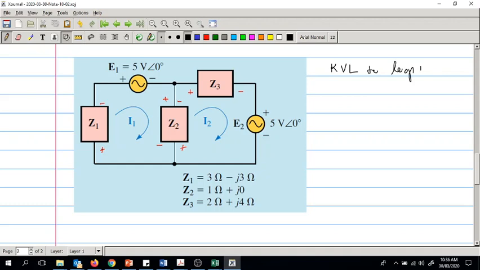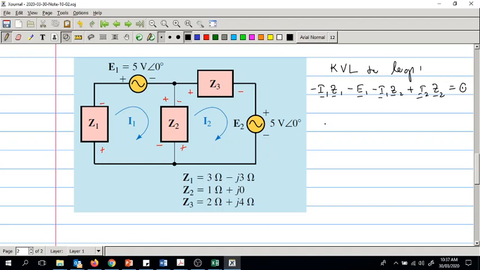If you apply KVL to loop 1, we get minus I1 Z1, minus E1, minus I1 Z2, plus I2 Z2 equals 0. Right, let's simplify this.